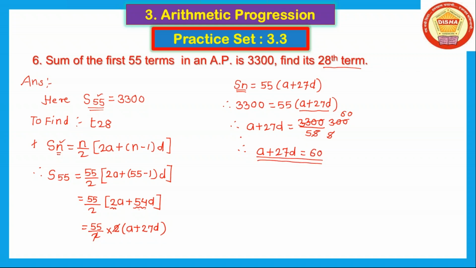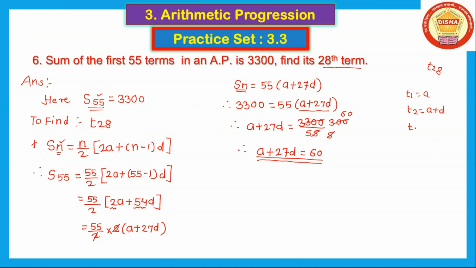Now, what is question given? Only the sum of 55 terms is given, and then we find T28. But how we find here T28? A is not known here, D is not known here. But we see the relation of that terms and common difference. We write here T1 is equal to A. Then T2 is equal to A plus D. We added D here.